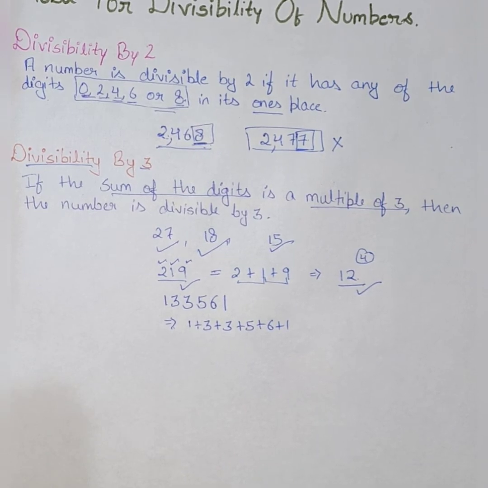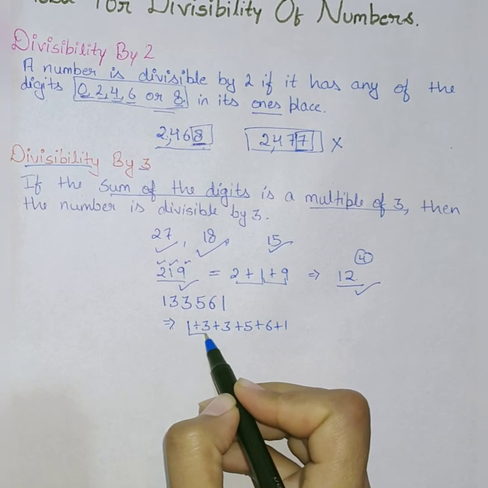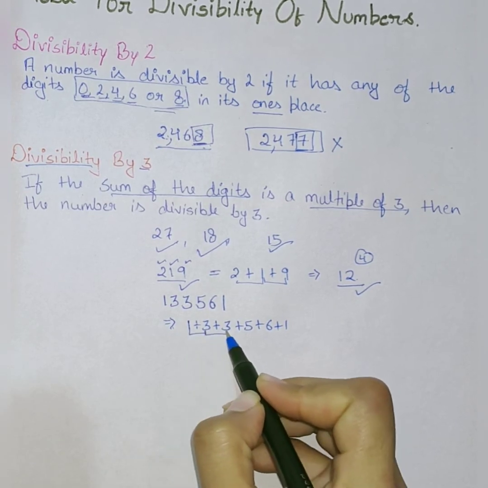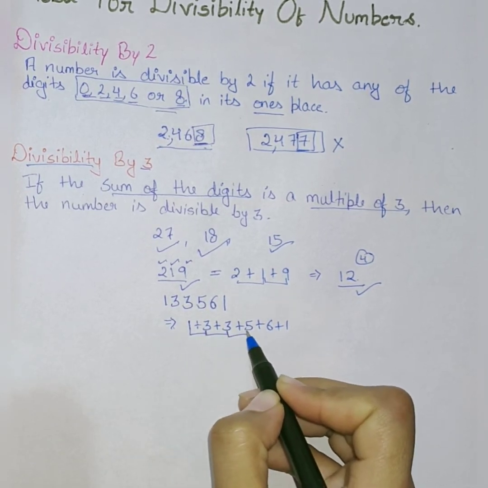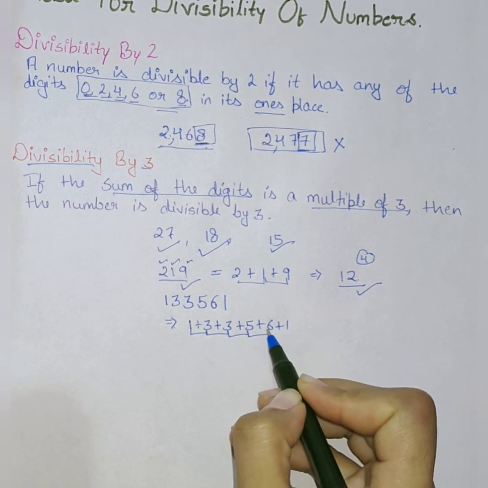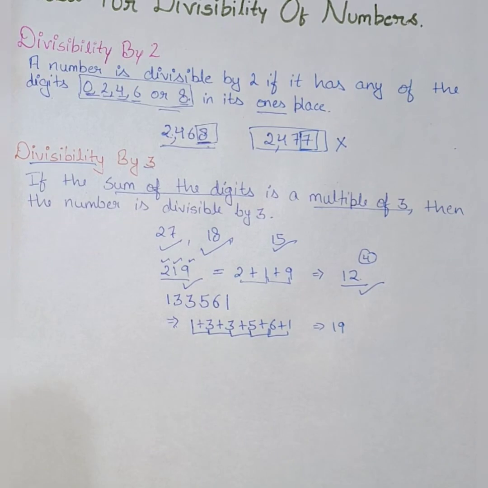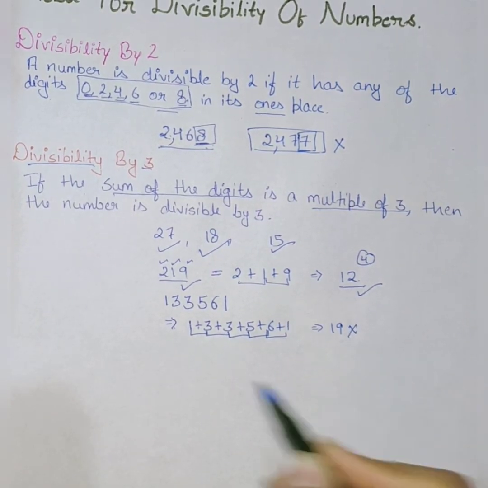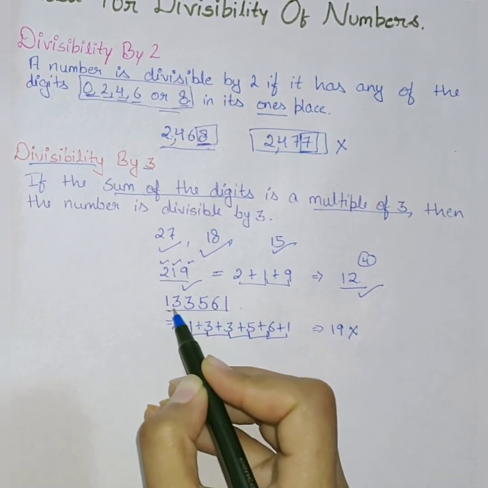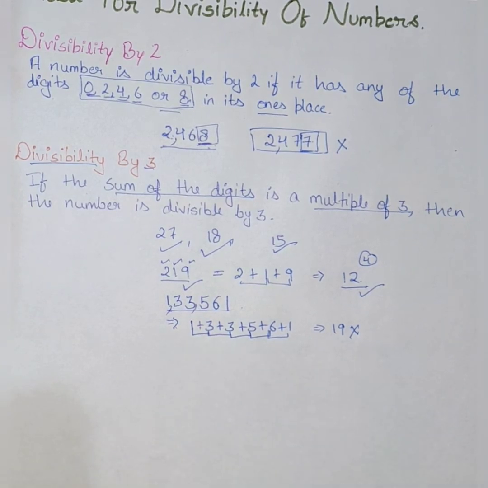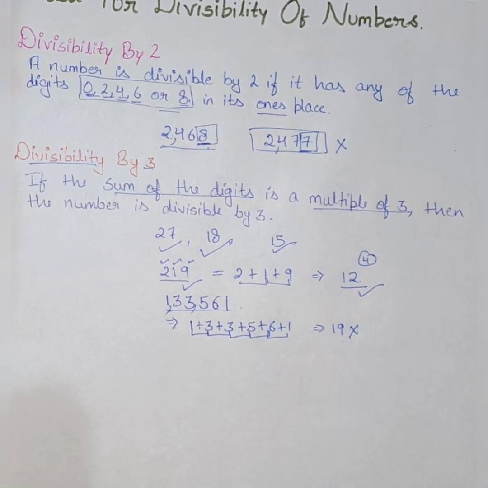Let's check: 1 plus 3 is 4, 4 plus 3 is 7, 7 plus 5 is 12, 12 plus 6 is 18, 18 plus 1 is 19, and 19 is not divisible by 3. So this number, 133561, is not divisible by 3.